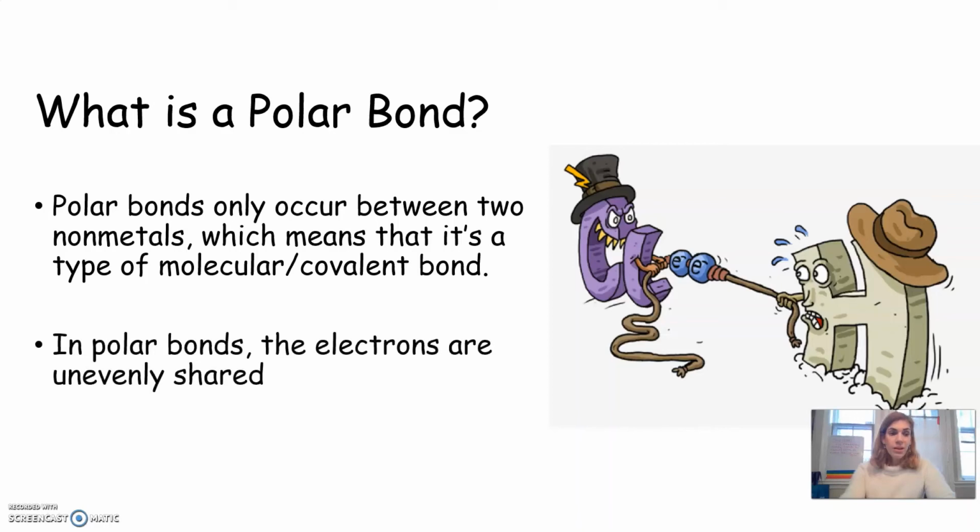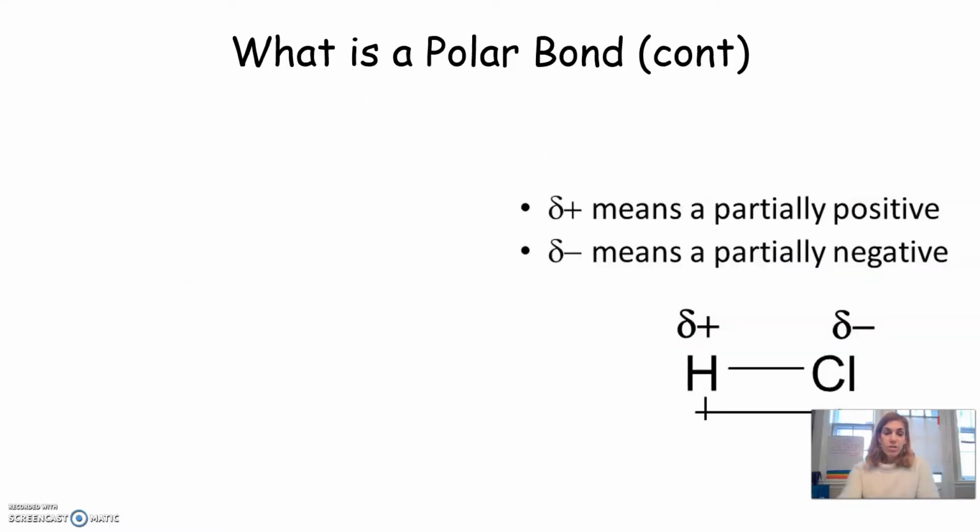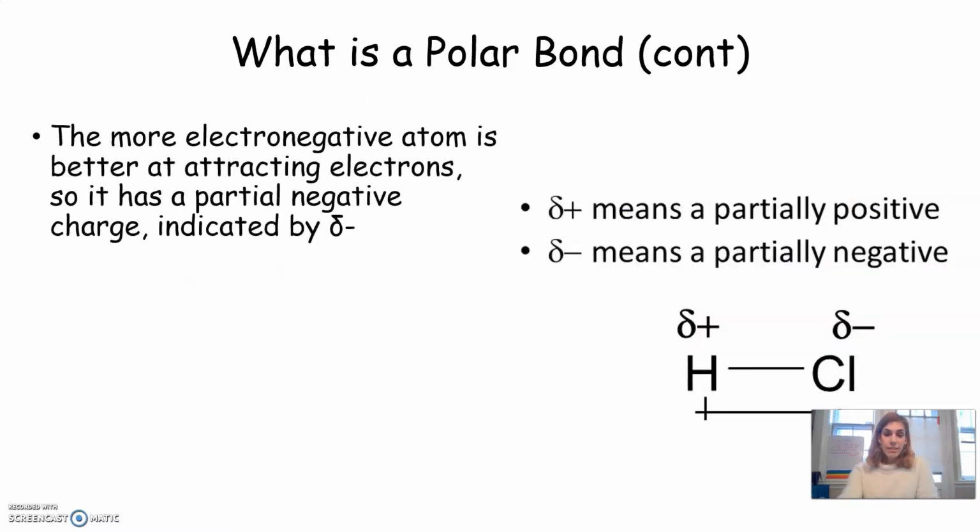So what we're going to do is, in a polar covalent bond, the electrons are unevenly shared. So the more electronegative atom is better at attracting bonding electrons, which means that it has a partial negative charge. For instance, in this case, chlorine is more electronegative than hydrogen, so it has a partial negative charge.